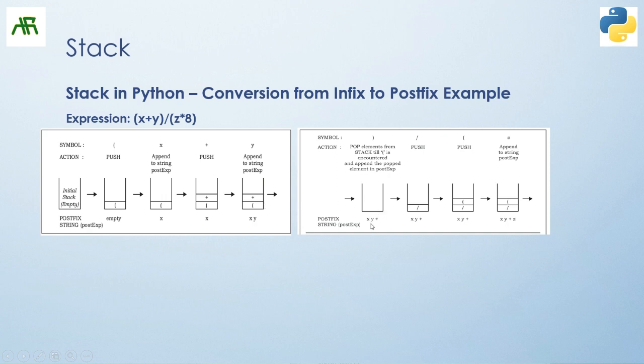So what really happens is we already have x and y sitting in the post exp string, and the stack had plus as an operator, which is being added to the output string, discarding the open parenthesis and the close parenthesis that was encountered.